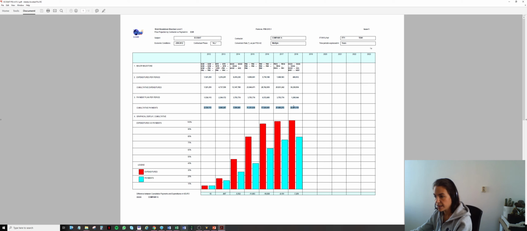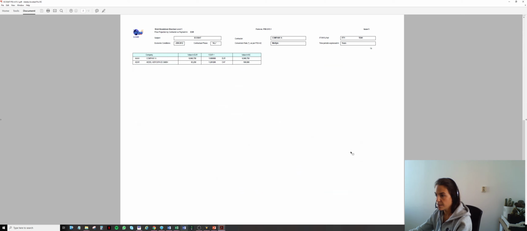Here we have the cumulative payments, and basically by looking at this graph, we can see if the payments that are requested will cover the expenditures. So here, I believe there is a difference because some subcontractors are already directly paid by ESA.